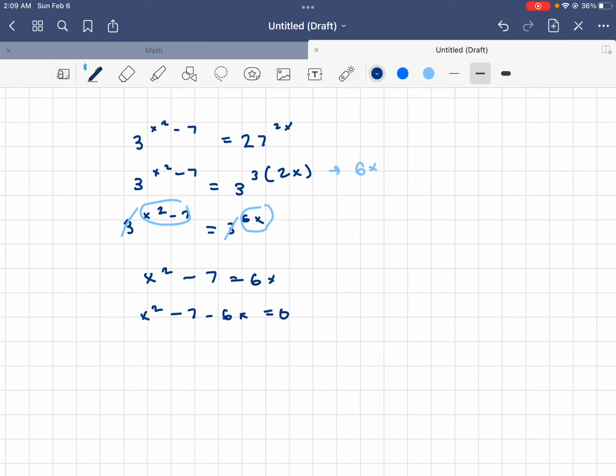I know that somehow I could get a common factor between these 3 terms. But in order to get that common factor, which I'm thinking is x plus 1, I'm going to need to split up negative 6x.